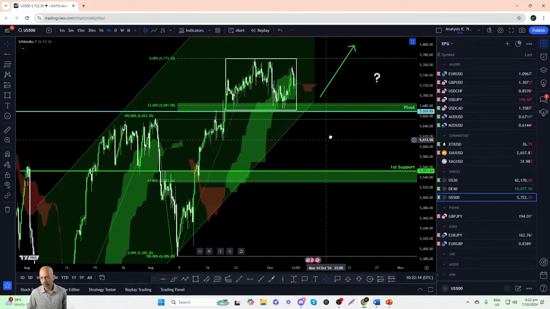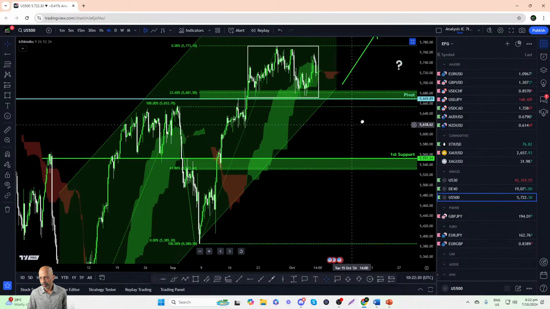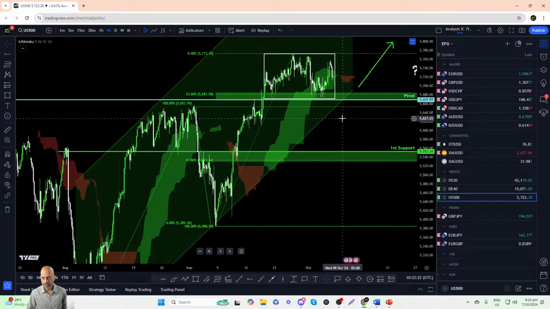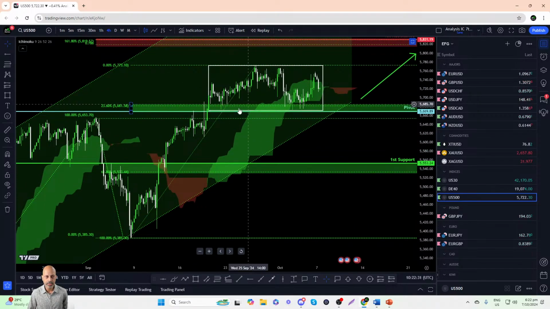So if we do see US 500 break out of the bullish channel and also break below the pivot, then we may see further downside action. But for now, if it continues to range within these two levels here, I think we can expect just further sideways consolidation for the US 500, at least for the next couple of days.